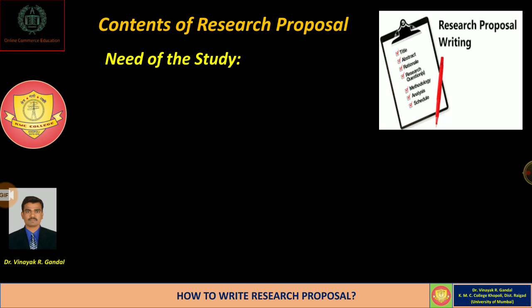Then each learner is required to write in his research proposal about the need of the study. It means he is required to mention how the present or proposed research is important.